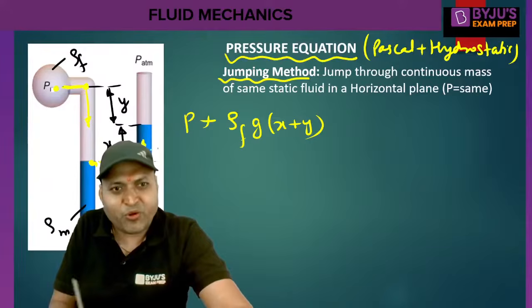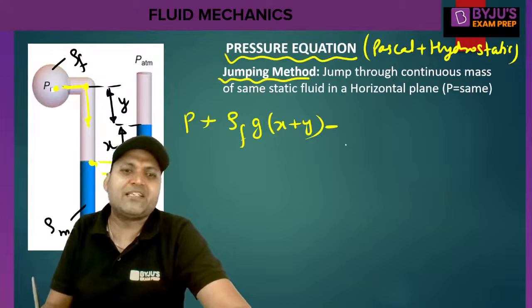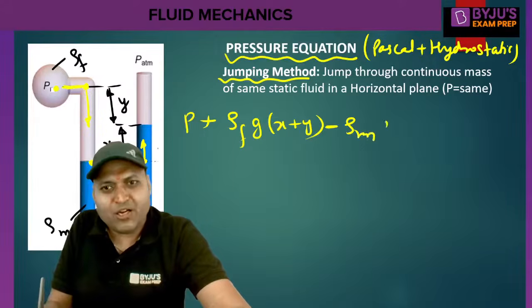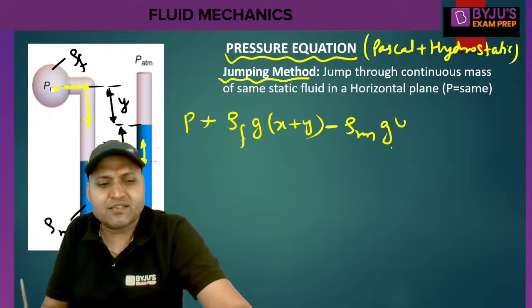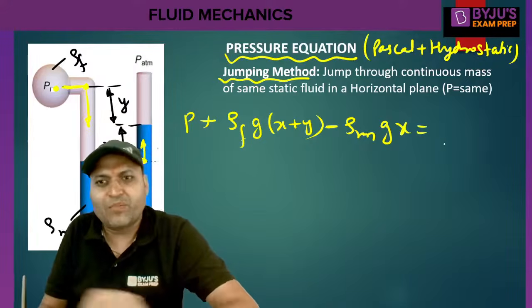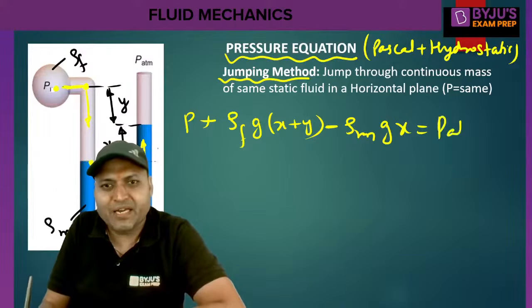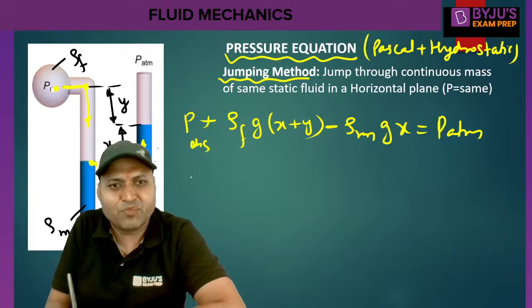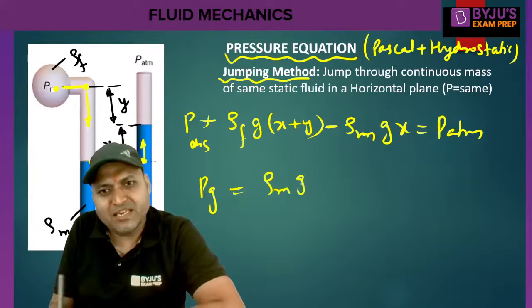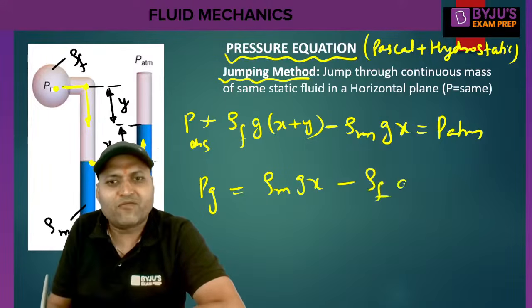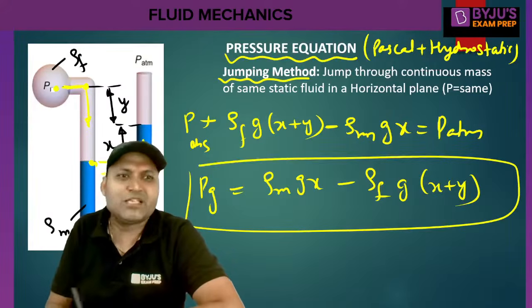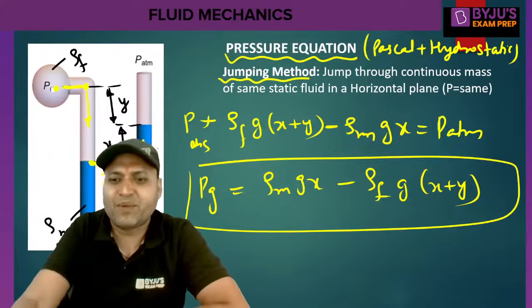Then we are moving in the upward direction, minus, because pressure decreases with height and increases with depth, minus rho m into g into x, will be equal to P atm. That is the pressure equation. This is the absolute pressure. Gauge pressure will be equal to rho m g x minus rho f into g into x plus y. This is how we can write the gauge pressure in the pipe by using the jumping method.